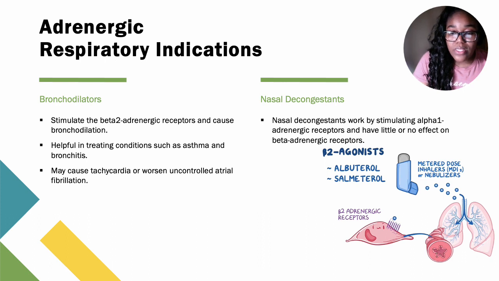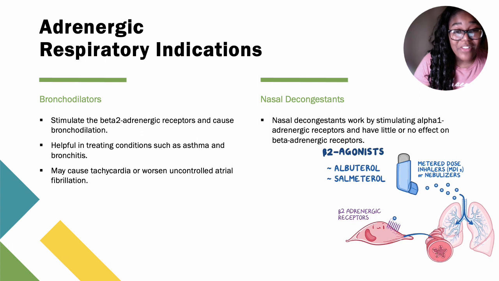You also want to look at nasal decongestants. Nasal decongestants normally work on your alpha 1 adrenergic receptors, but they don't work on your beta 2 at all. But alpha 1 would essentially dilate those vessels as well. So nasal decongestants specifically work on alpha 1 adrenergic receptors. It's a vessel dilator.